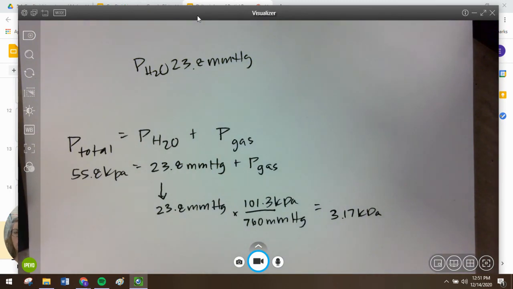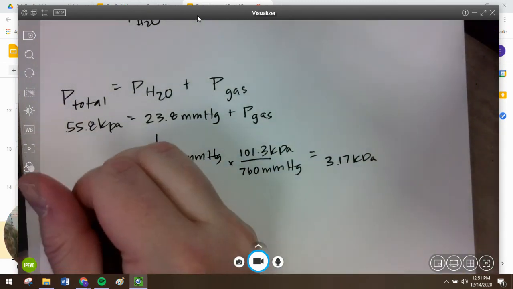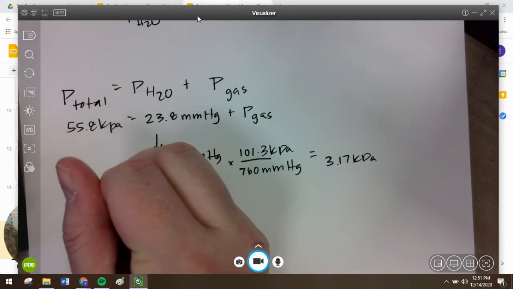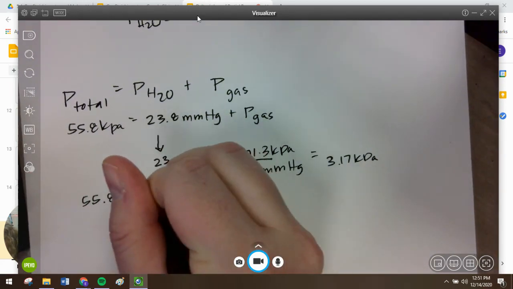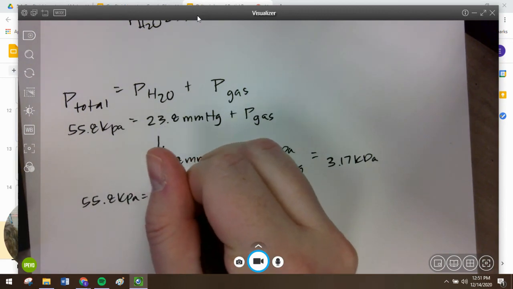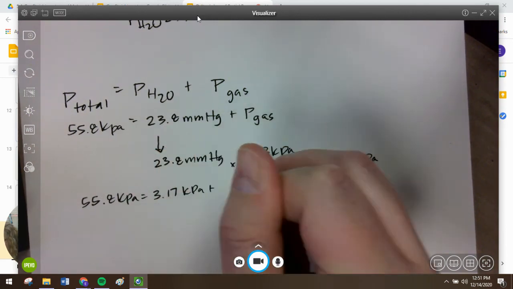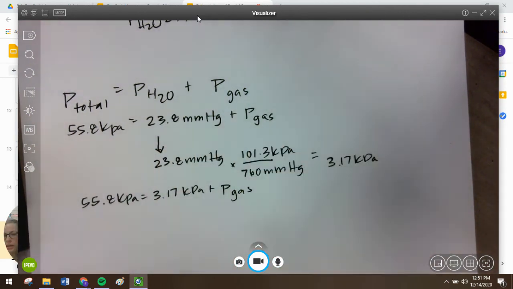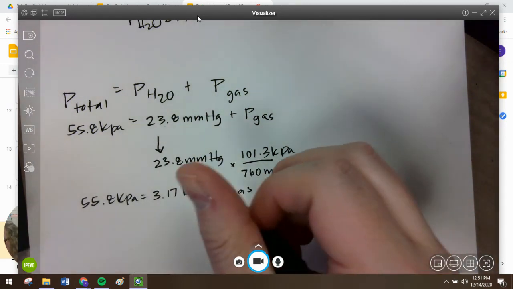So what I need to do then is rewrite my equation. 55.8 kilopascals is equal to 3.17 kPa plus the pressure of my dry gas, which is oxygen. So it's just basic subtraction now.